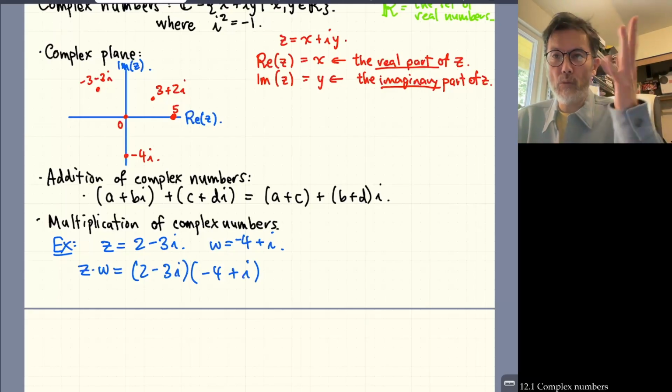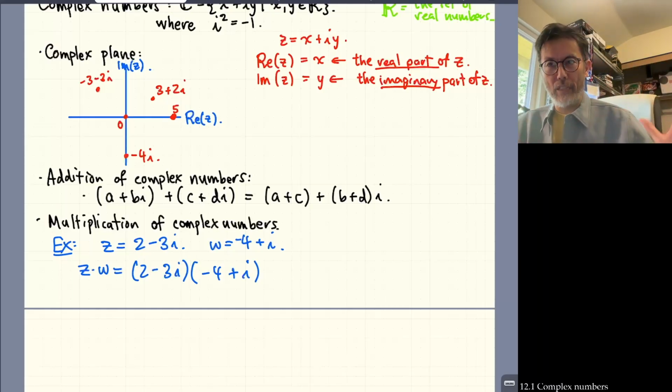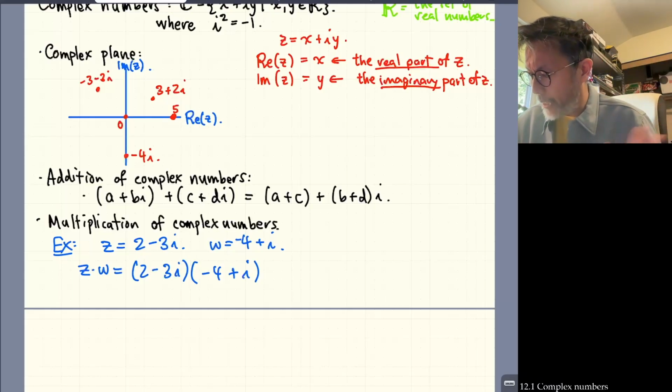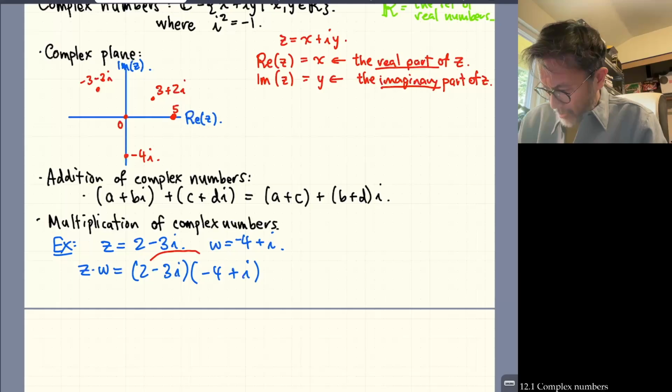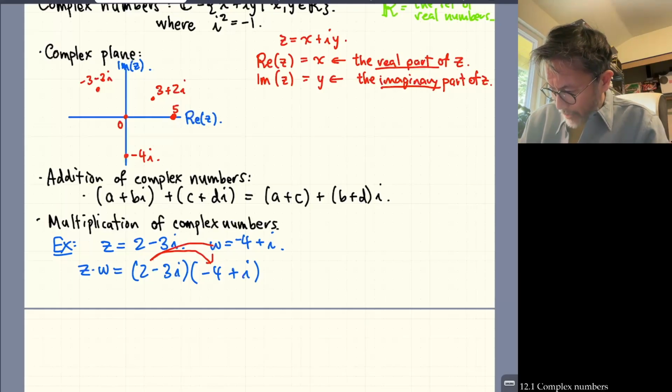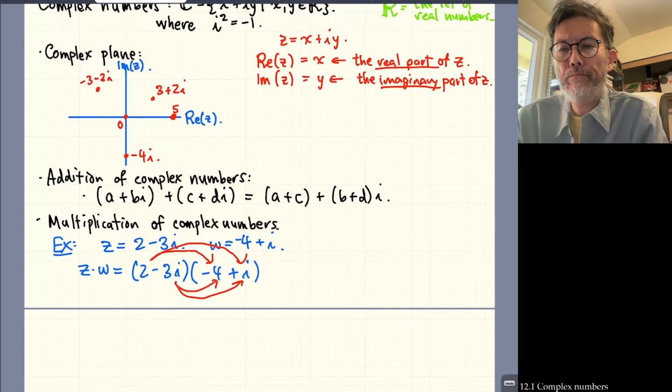It starts with F. You love doing it. I know it. I have too much dignity to say it out loud. The way I would say it is you're going to expand this thing out using the distributive property. So I sort of diagrammatically express this state of affairs like this. Okay.